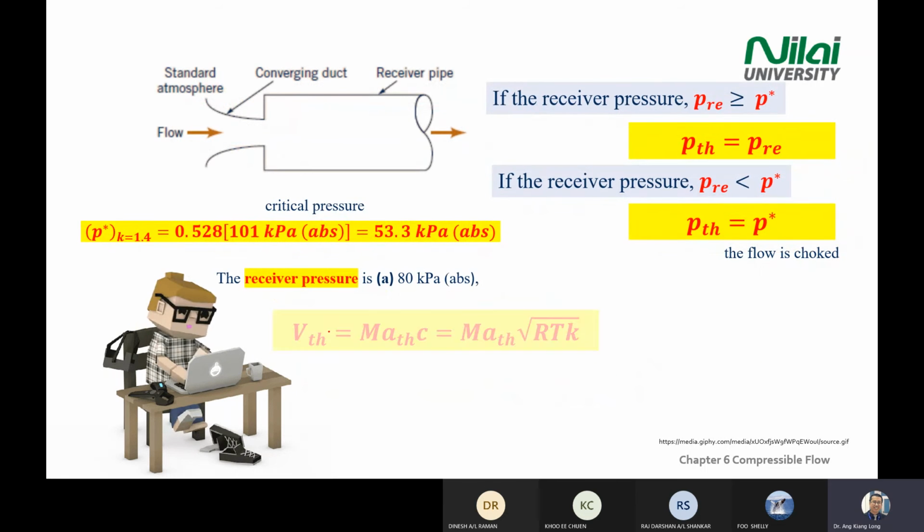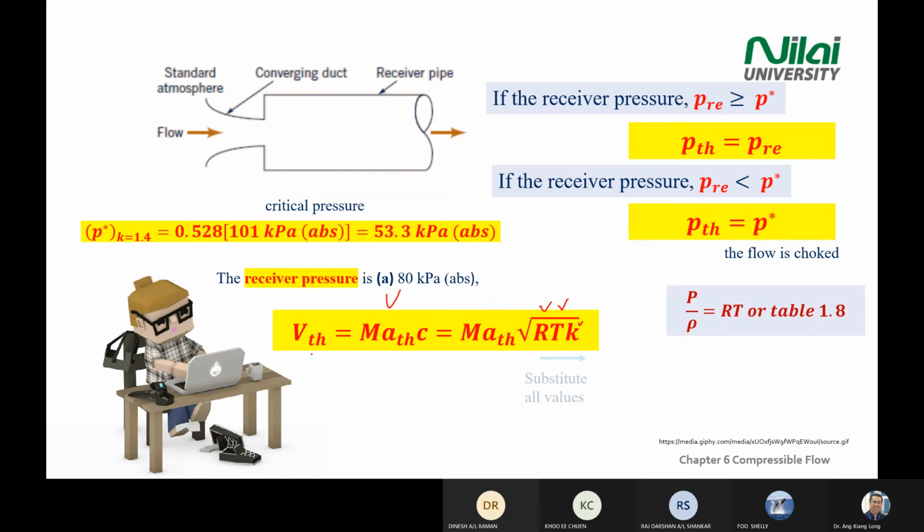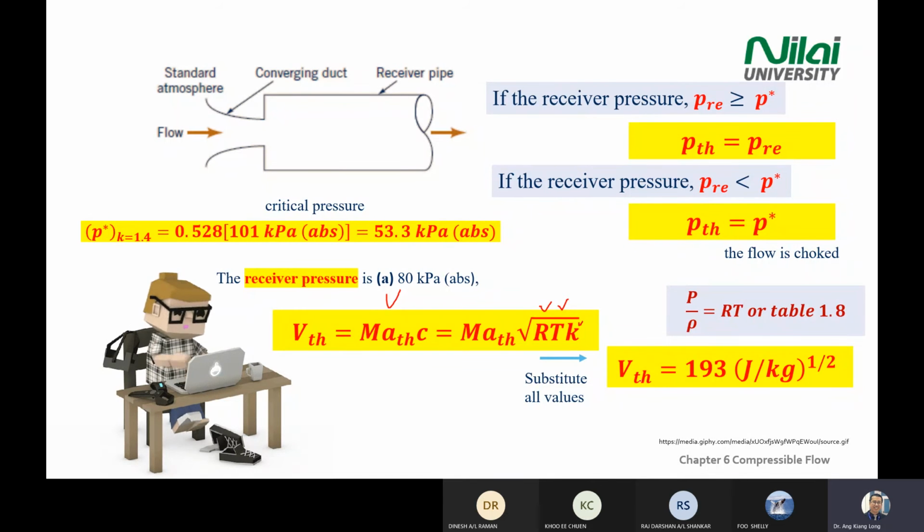Okay, then the next one is to find the velocity. You have the Mach number. You know the R value, T value, K value. So you managed to find the velocity actually is 193 meter per second.